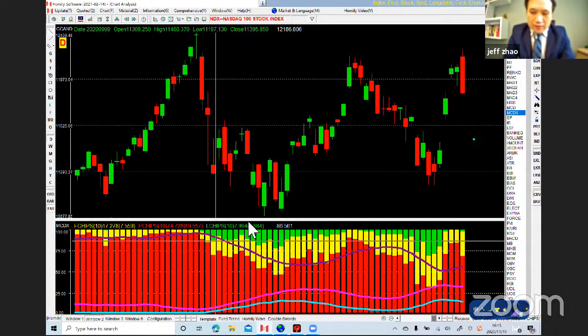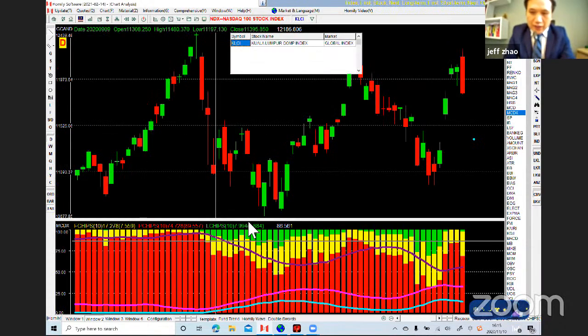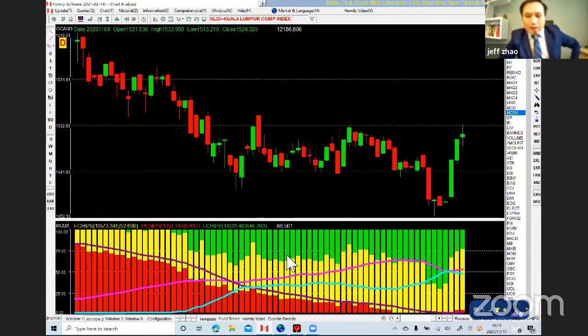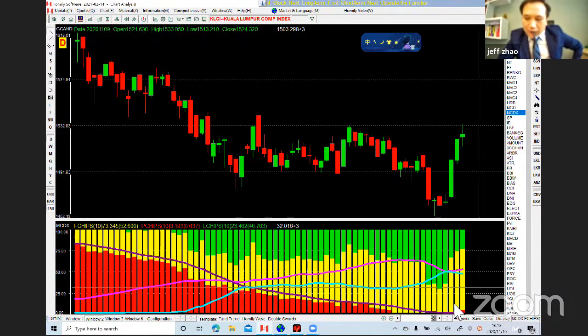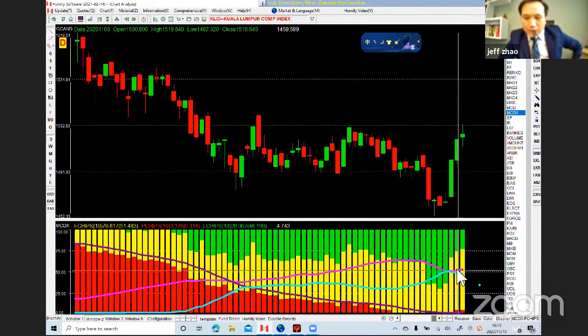So now you can focus on KLCI. There is something like hot money that now appears and increases. And the forecast today, the hot money increases a lot. So you can see from here, actually on 6th of November, the big money increases, hot money also increases a lot.